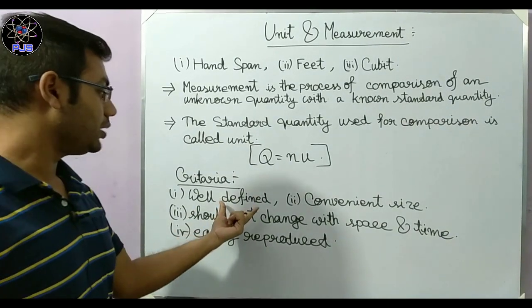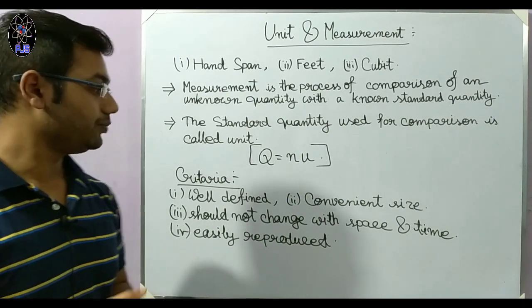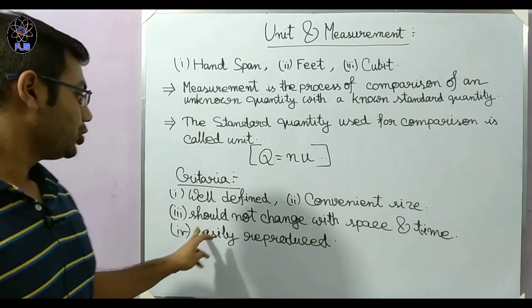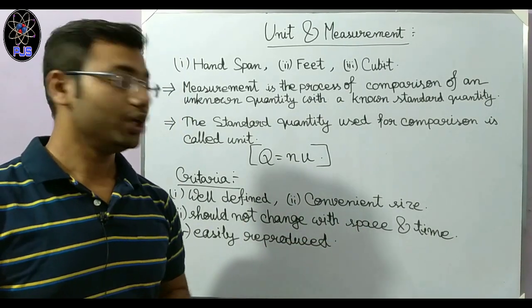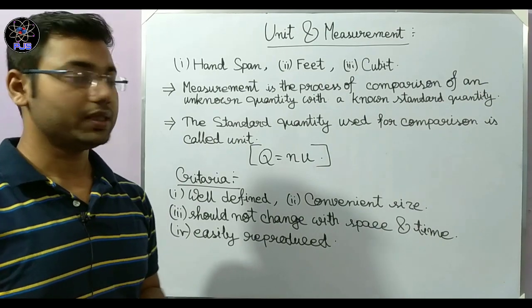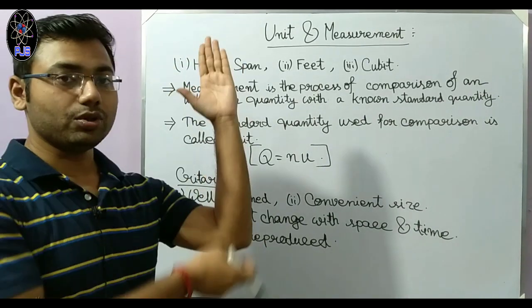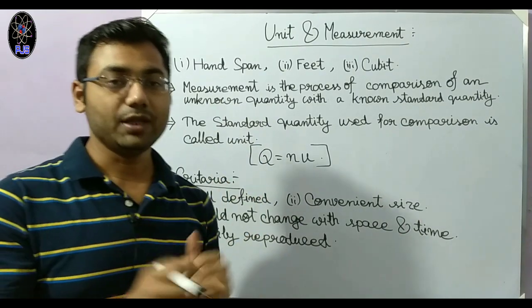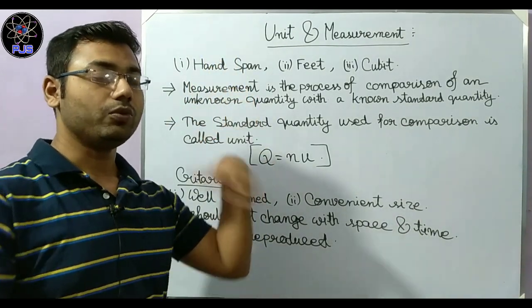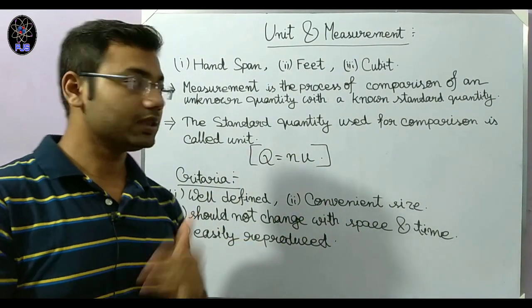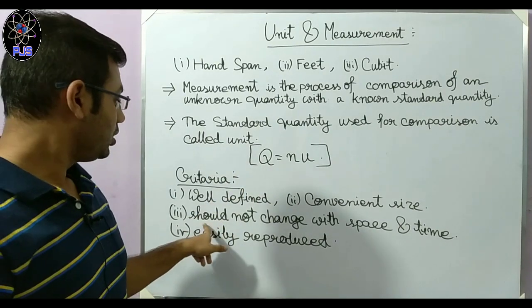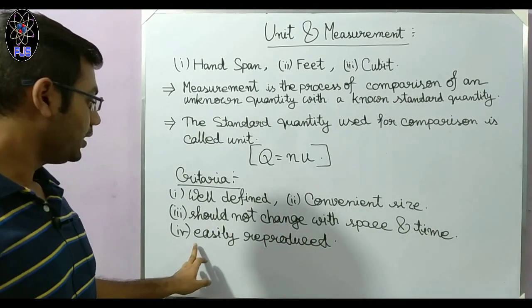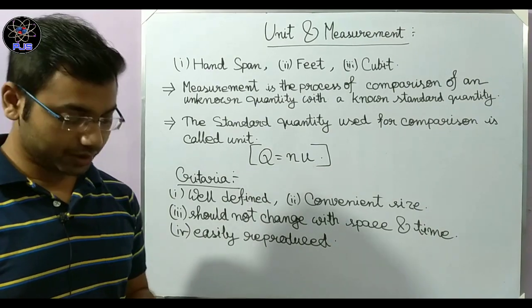Well defined means that which we can define every time. Convenient size means it should not vary from person to person. Should not change with space and time: if time changes, the unit should not change. For example, a young boy's cubit length when the boy's age is 5 years is different from when this boy's age becomes 35. So unit should not change with space and time, and should be easily reproduced.